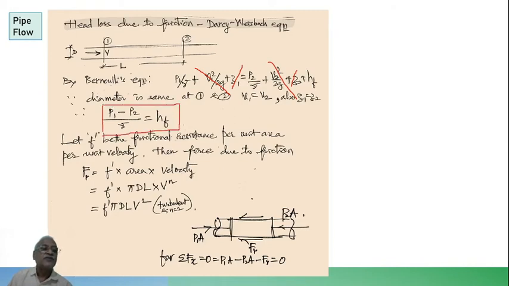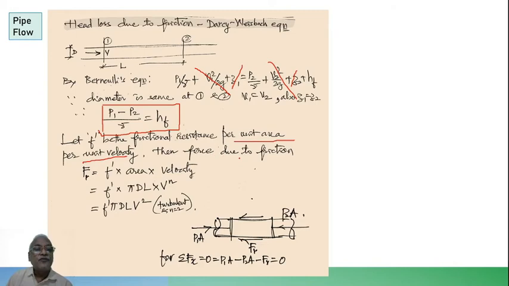The head loss due to friction, how does it affect? It affects by changing the pressure at this point and at this point. Now let F dashed be the frictional resistance per unit area per unit velocity.